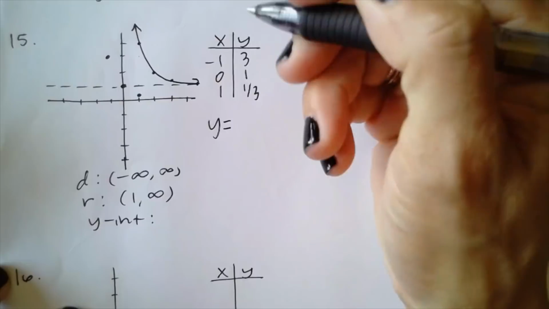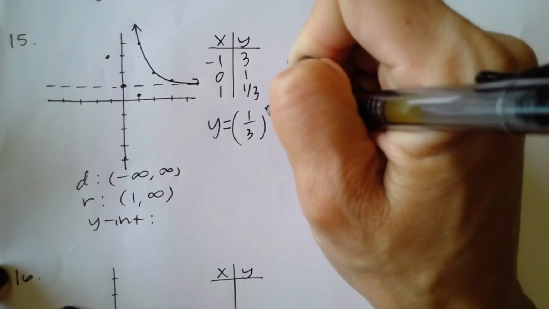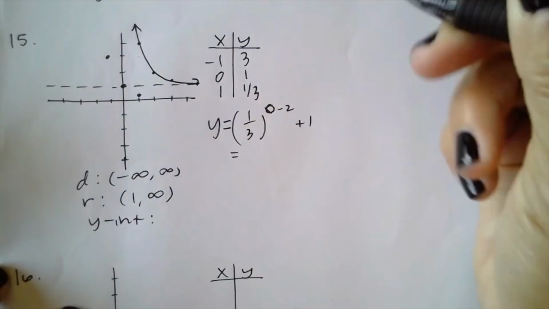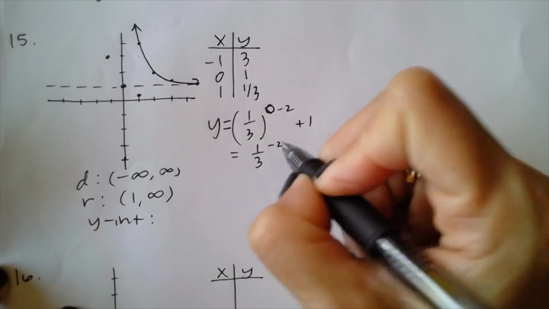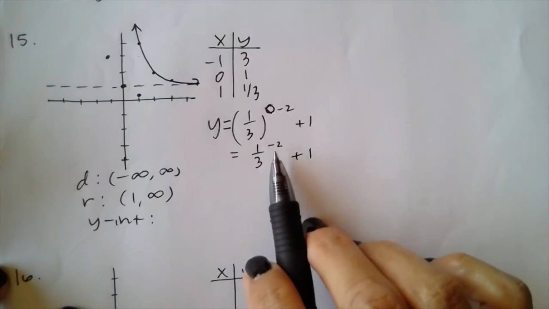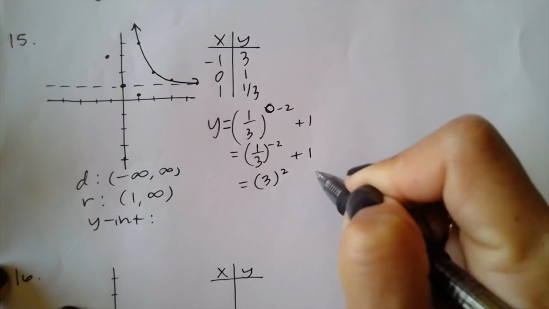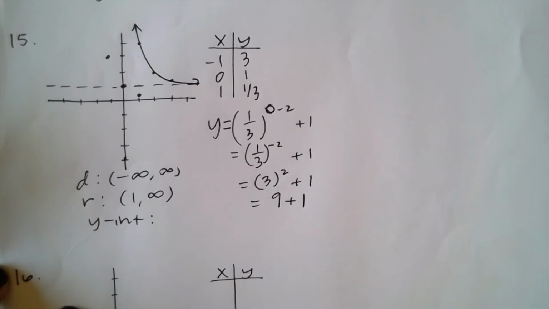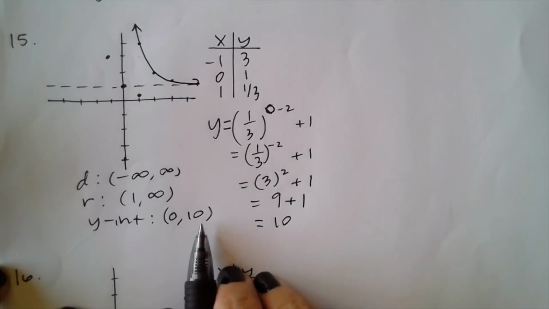So we'll go y equals 1/3 to the, plugging 0 in for x, so 1/3 to the -2. And so the negative exponent flips the 1/3. So now it's to the power of 2, and you get 9 plus 1, or 10. So our y-intercept is 0, 10.